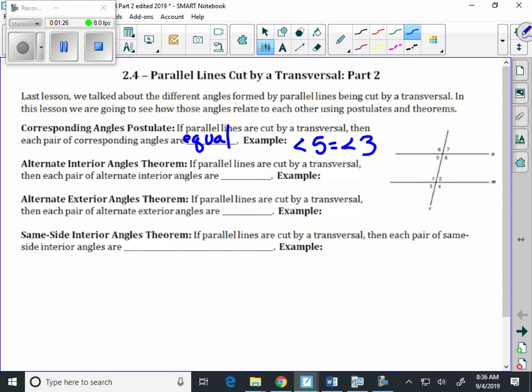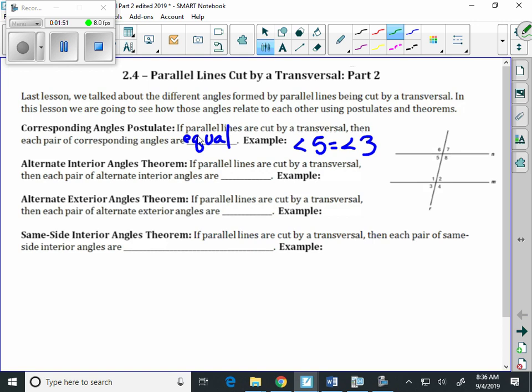But again, you have to have now, which we didn't have to have yesterday, two parallel lines cut by a transversal. Look at the next one, alternate interior angles. Remember, interior has to be in between the two parallel lines. Alternate means one on one side, one on the other.